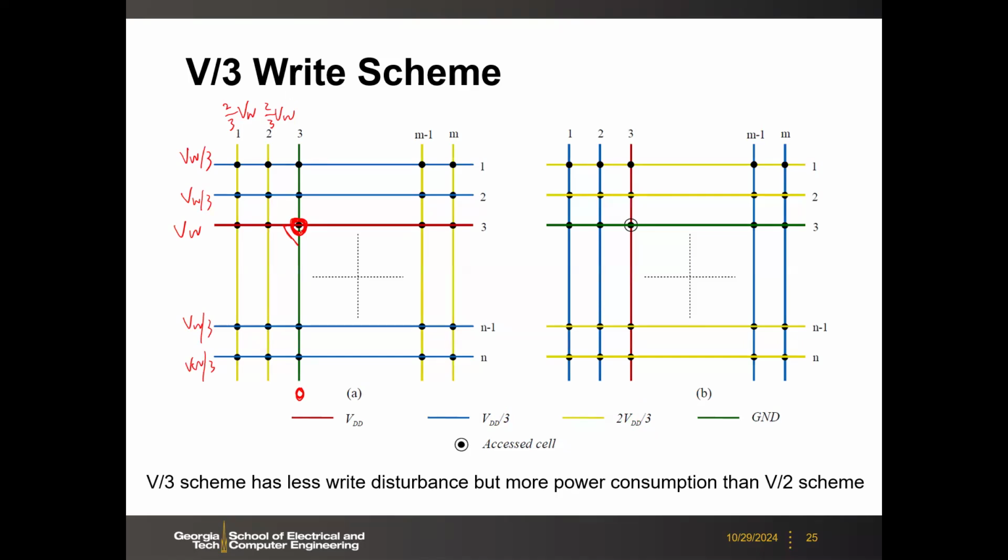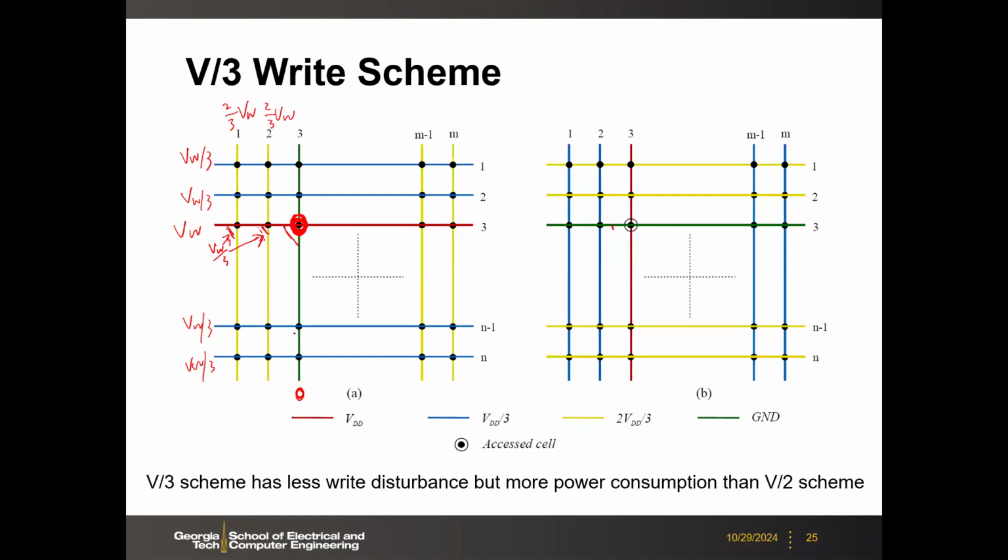The selected cell, of course, you will see the full VW. And for these cells, you have VW, and then here you have 2/3 of the VW. So effectively, you have VW over 3 on those cells, right? So this is smaller than V over 2, right? So potentially this could help with any disturb. You have smaller voltage across those half-selected cells, so that could minimize the disturb.